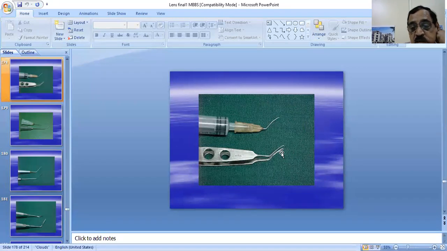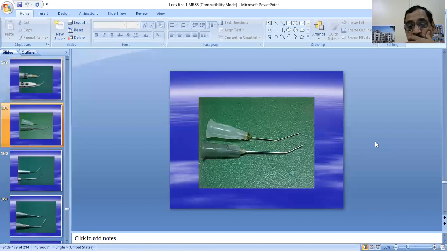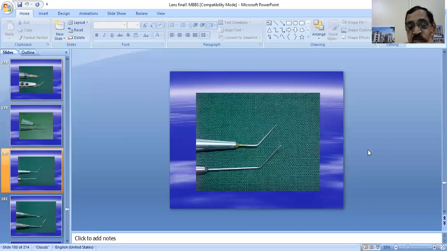This is McPherson forceps, and this is a cystotome. This is a hydrodissection cannula, and this is a visco cannula. These things I will definitely show you again, and this is our dialer.